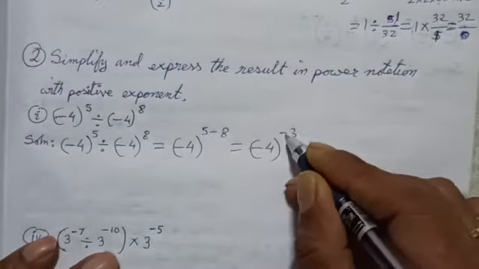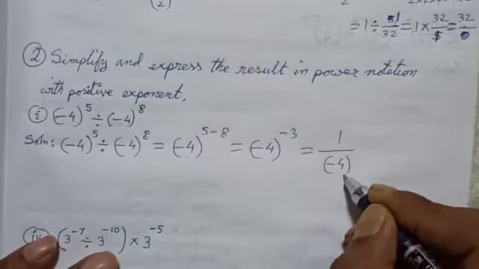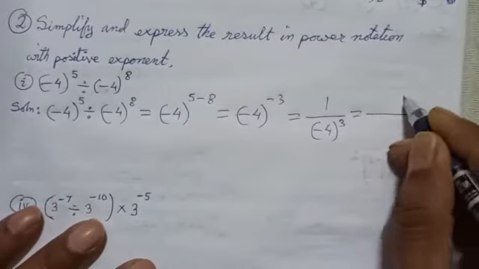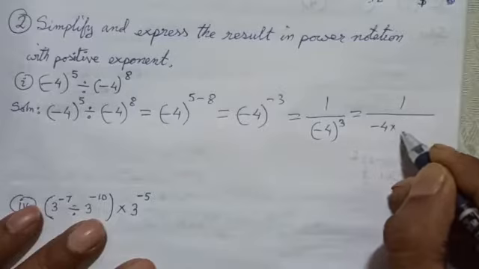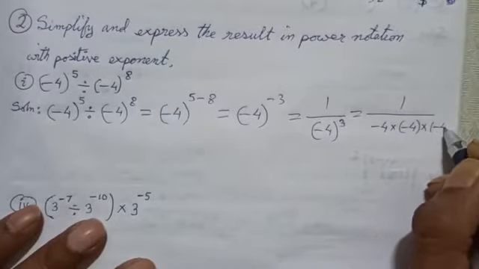If there is minus in the power, we'll write 1 by minus 4 to the power 3. Next, 1 by minus 4 to the power 3 is 1 by minus 4 into minus 4 into minus 4.